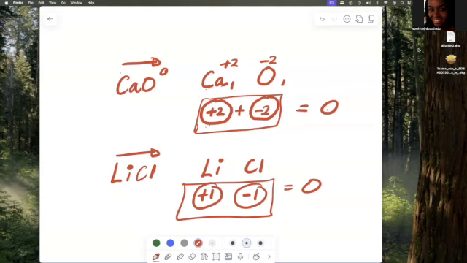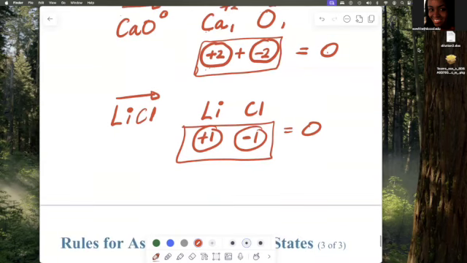Great. Okay, so once again, younger me is like, wait a minute, you just assigned oxidation numbers that happen to match the charges. Are you sure oxidation numbers are not charges? And then older me is saying to my younger self, yes, they're not. They overlap a lot, but they're not the same thing. Let me show you the instance where they're not the same thing.